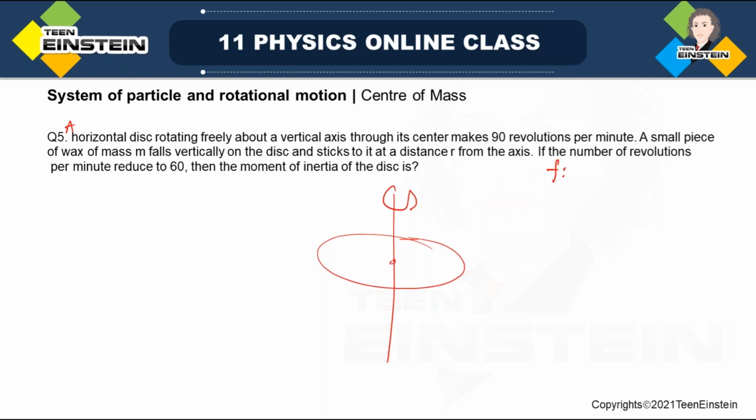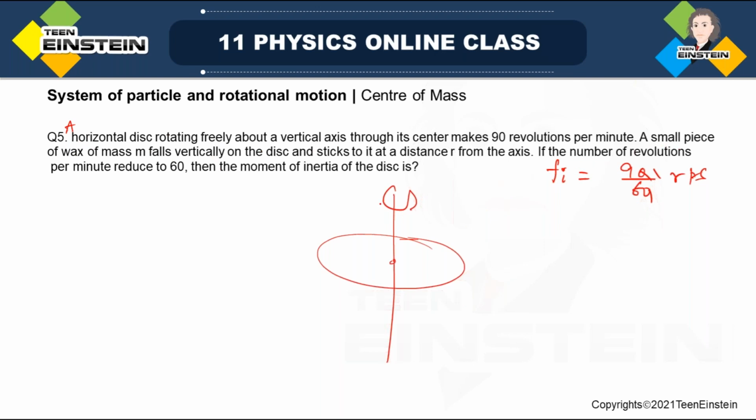Dividing by 60 gives revolutions per second, which is the initial frequency. So initially the frequency of the rotation was like that.